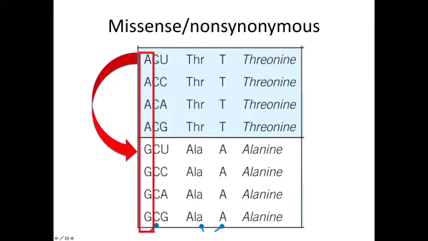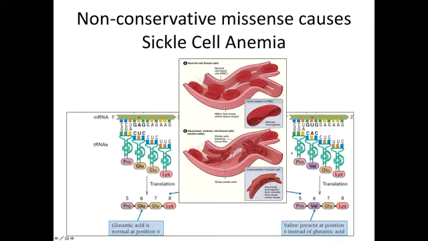However, in this particular case, let's look at the first position. If there's a mutation in the first position of the codon that changes the nucleotide to a G, well, that would be causing a missense or non-synonymous mutation because all A's converting to G's would convert this codon from a threonine to an alanine.